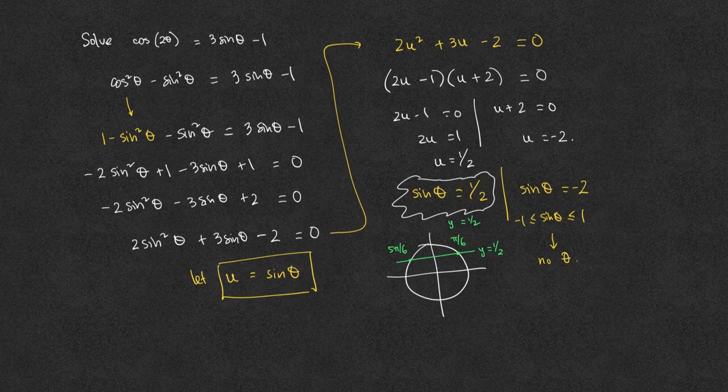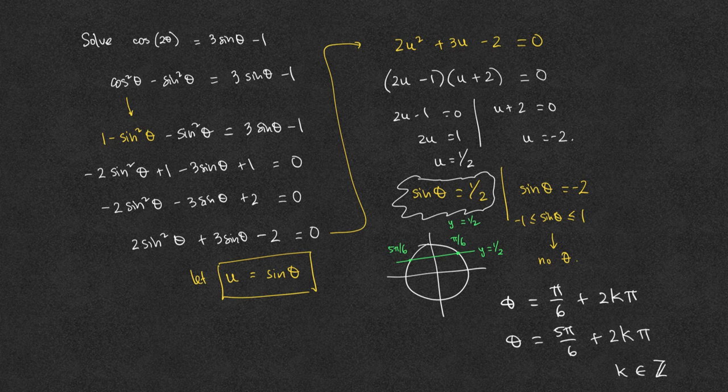To obtain all solutions, we use the general formula theta equals pi over 6 plus 2k pi, because the period of sine is 2 pi. Theta equals 5 pi over 6 plus 2k pi, where k is an integer.